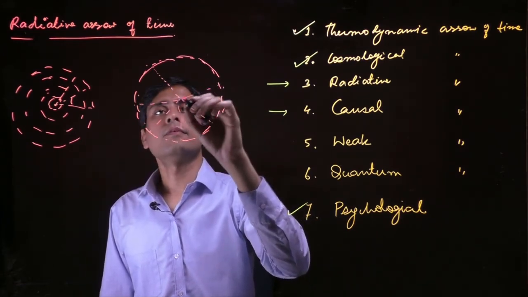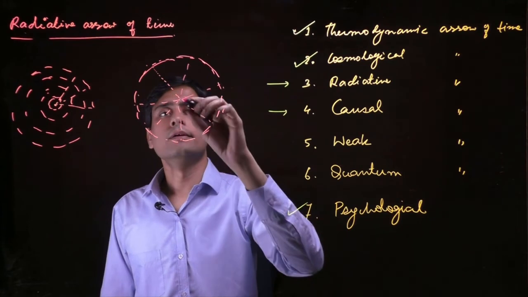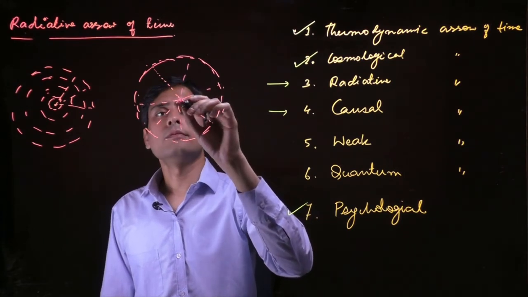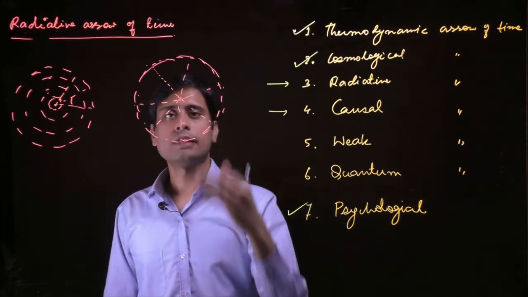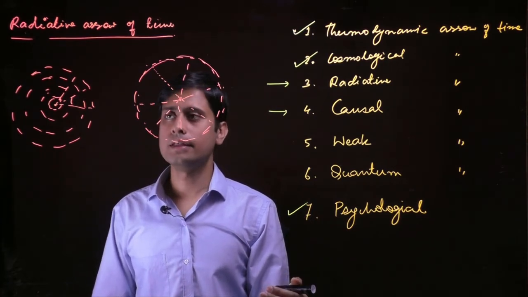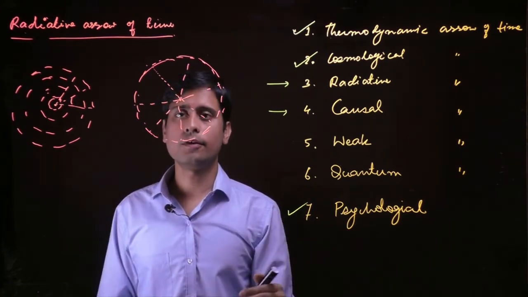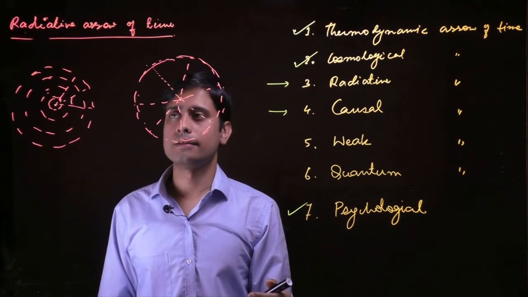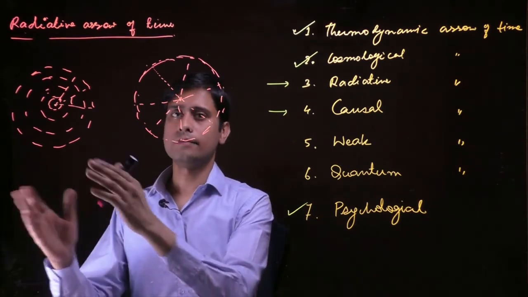The equations of wave mechanics allow such kind of waves, but in our real world we find that these kinds of phenomena are very rare, and this one is very common.